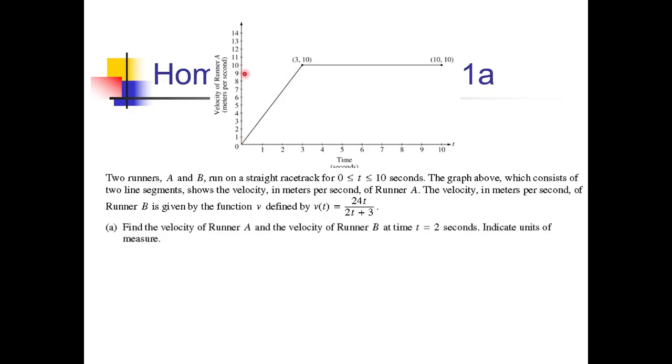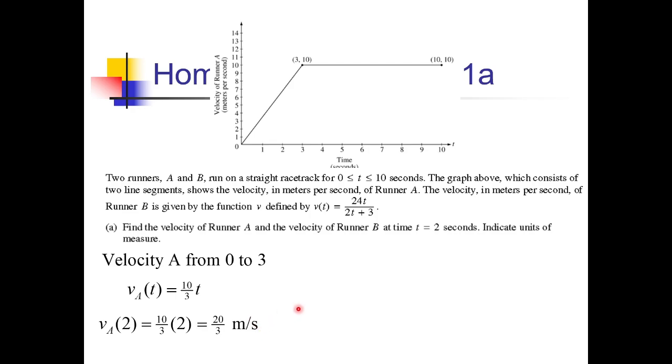We're going up 10 and over 3, so that's a slope of 10/3. So I can write this velocity of A as 10/3 times t. If I plug in 2, I'll have 10 over 3 times 2, which is just 20 over 3. And since it's velocity, the units are going to be meters per second.